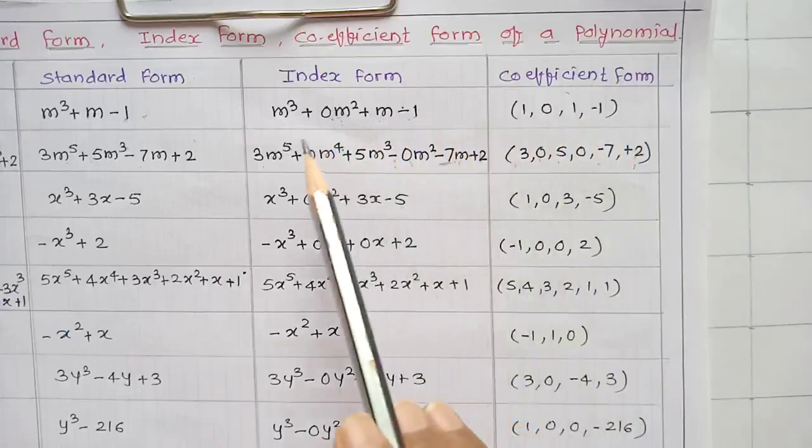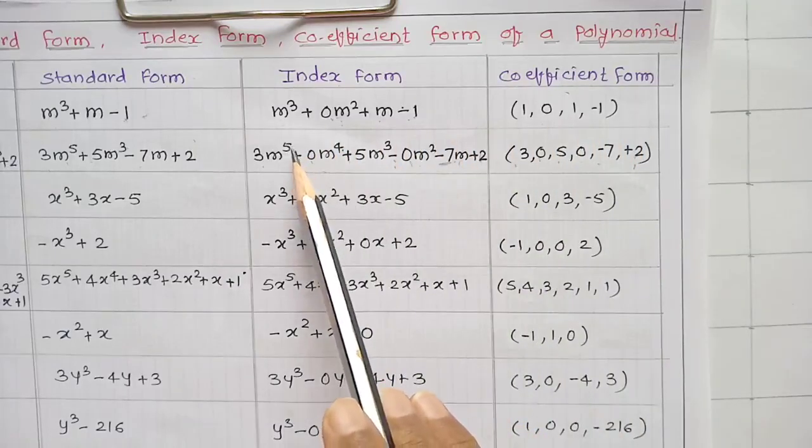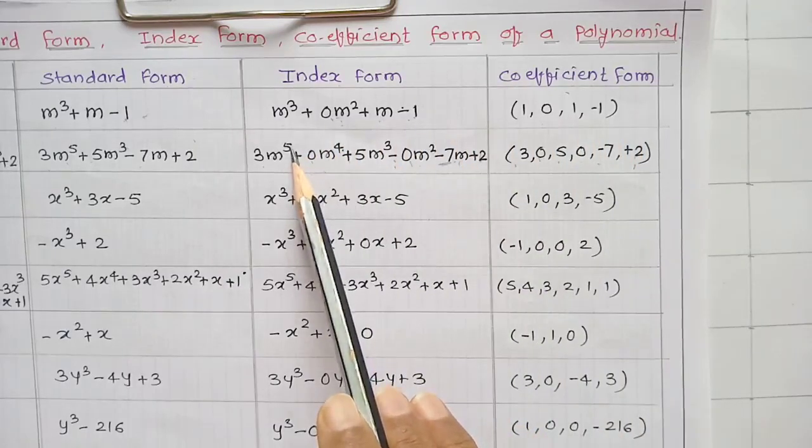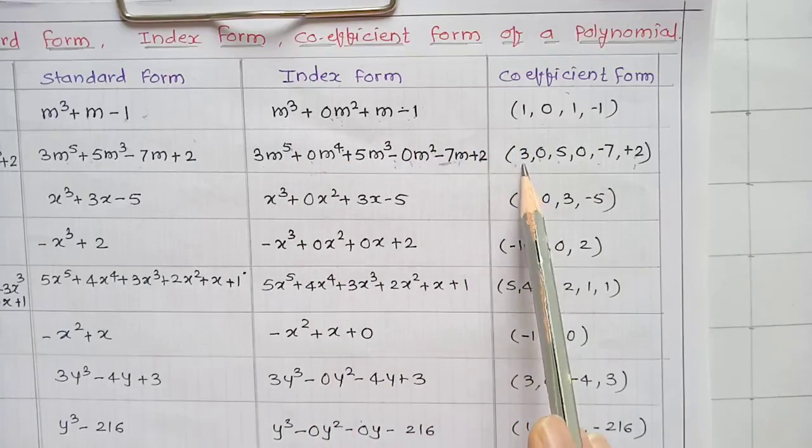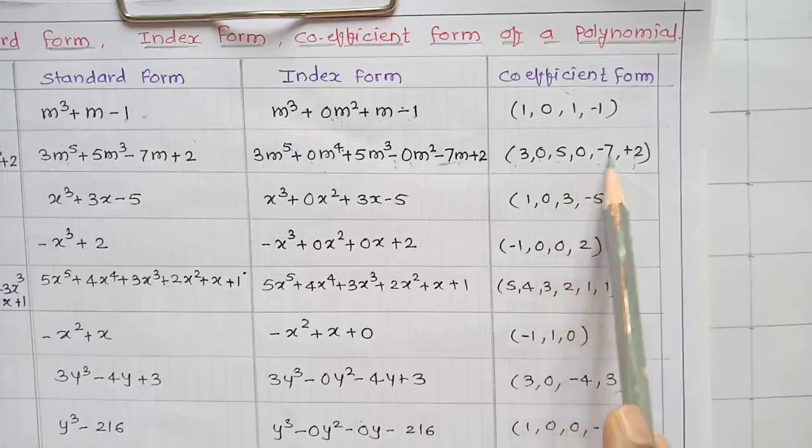See children, what is the highest degree or highest index of the polynomial here? It is 5. How many terms are there in the coefficient form? 1, 2, 3, 4, 5 and 6.